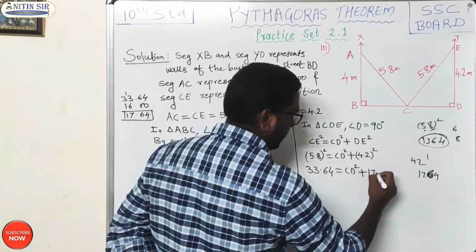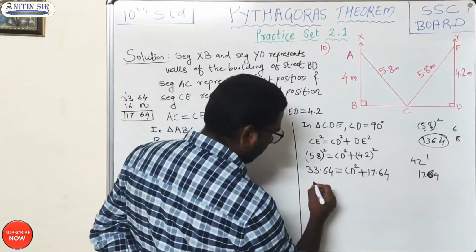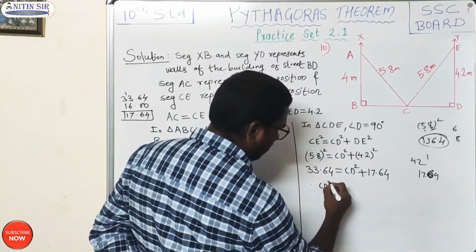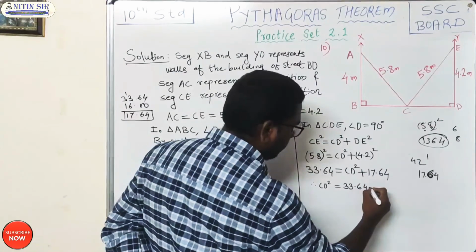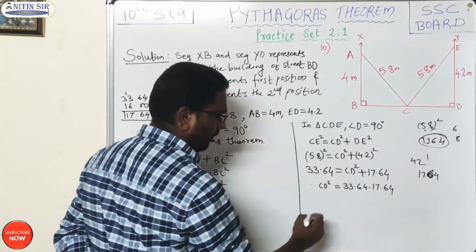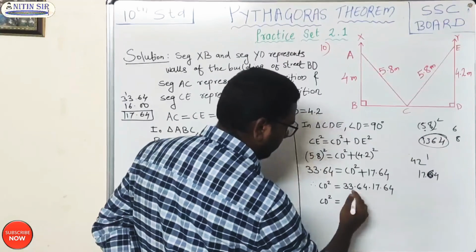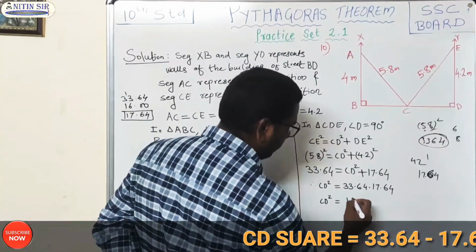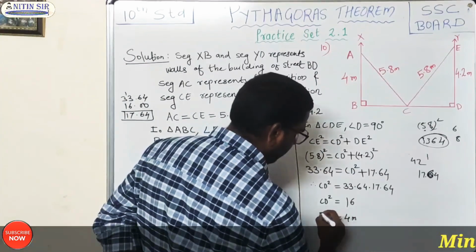Now we will write therefore CD square is equal to 33.64 minus 17.64. So we will get CD square is equal to 16.